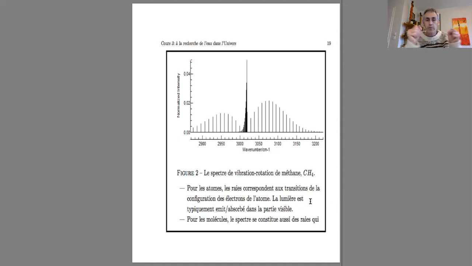When I'm talking about vibrational modes and rotational modes, I'm talking about a molecule. When it's just an atom, then the different energy levels, and therefore the transitions, correspond to a change in the electronic configuration of the atom.